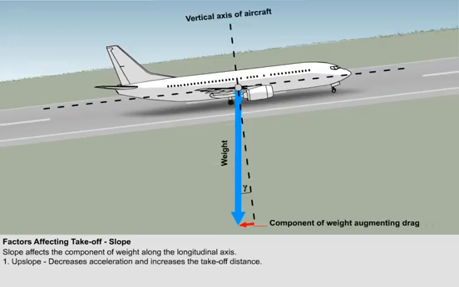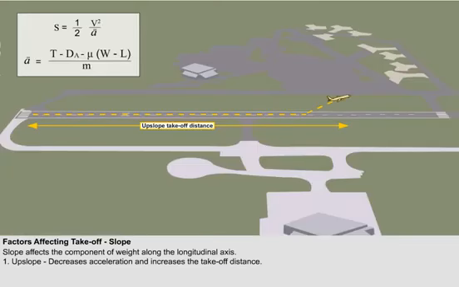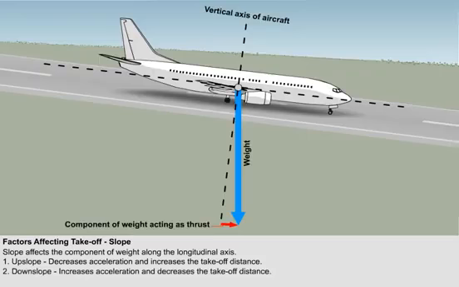However, when the aircraft is on an upslope, although the weight still acts towards the center of the Earth, there is a component of weight, shown here, which acts in the direction of drag, that is, backwards along the longitudinal axis. This will reduce the acceleration of the aeroplane and therefore increase the takeoff distance. Conversely, when the aeroplane is on a downslope, the weight component now acts in the direction of thrust.